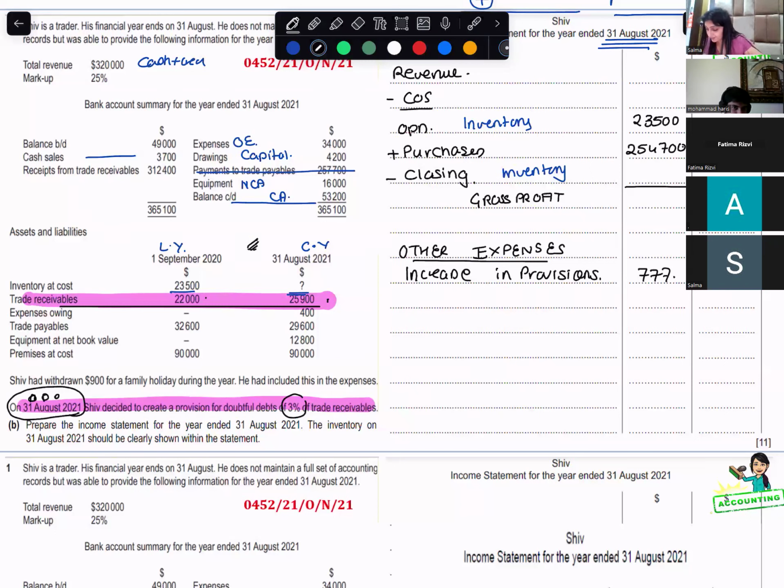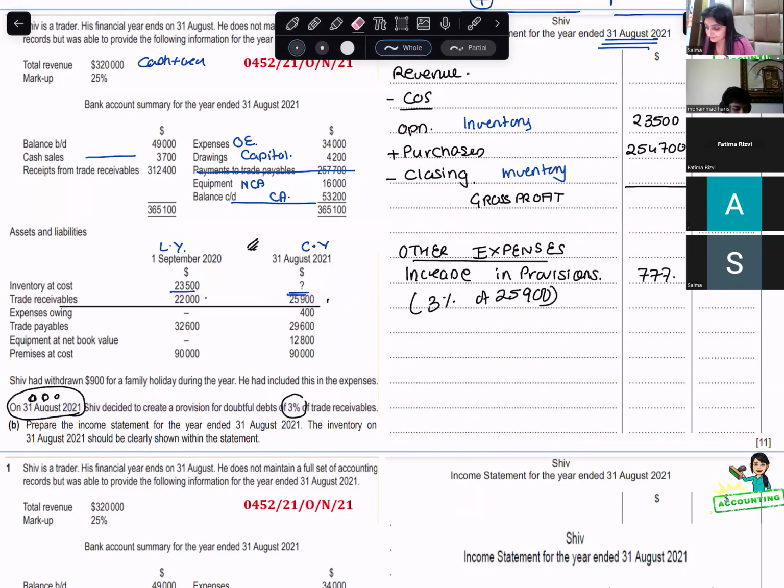Old provisions was never there. So it is 3% of 25,900. Are you with me? Yes, miss. Okay, now next I will take.